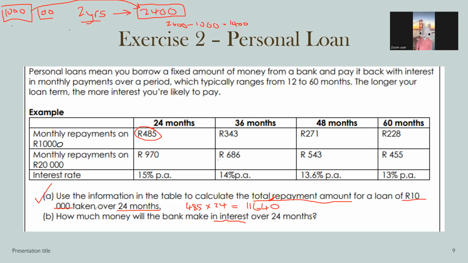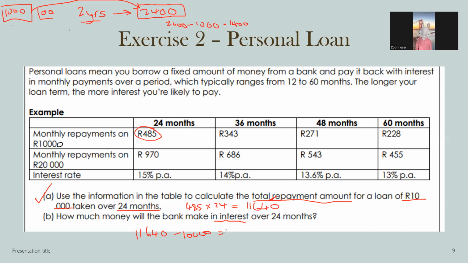So that amount minus, you said it's 10,000 and not 1,000. Yes. Remember it's 11,640 minus 10,000.